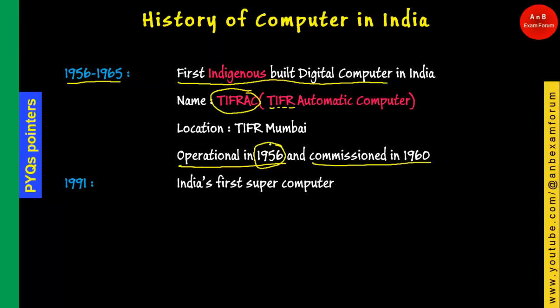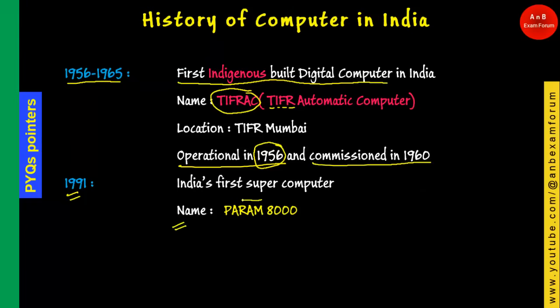Coming to the next, India's first supercomputer. As you know, I will tell you in brief how a supercomputer is different from a normal computer: it has high power, which means it can do a lot of calculations in microseconds, in fact nanoseconds. During this period, that is 1991, the first supercomputer was made, and generally in exams the name is asked.